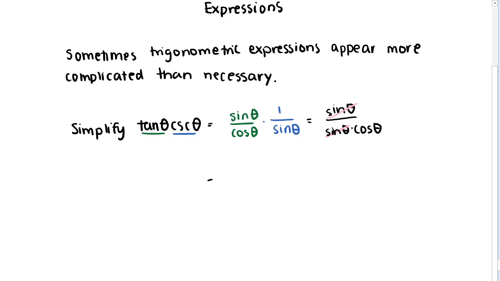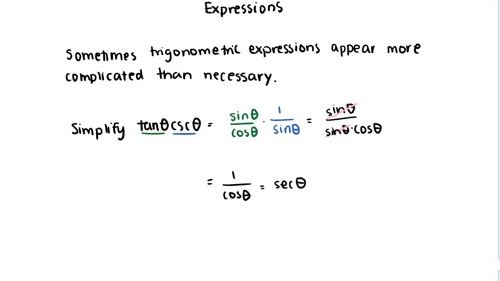This leaves us with 1 over cosine of theta, which is the reciprocal of cosine, so I can think of this as the reciprocal trigonometric function secant of theta. And so we can re-express tangent of theta cosecant of theta as secant of theta, maybe a little bit more concisely.